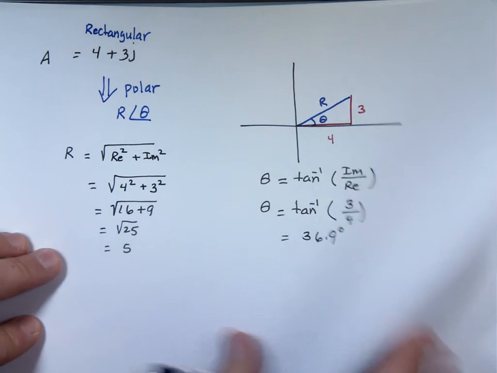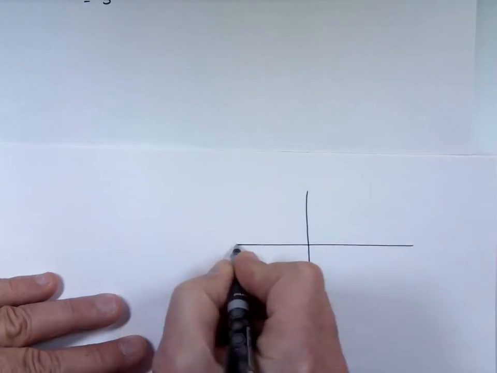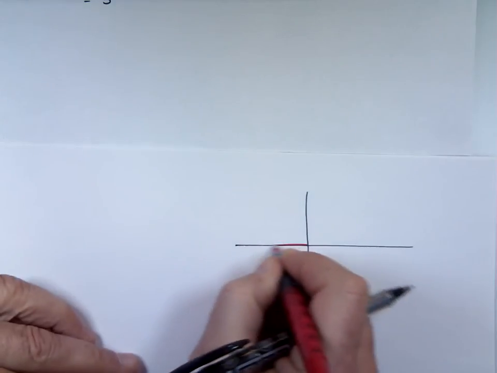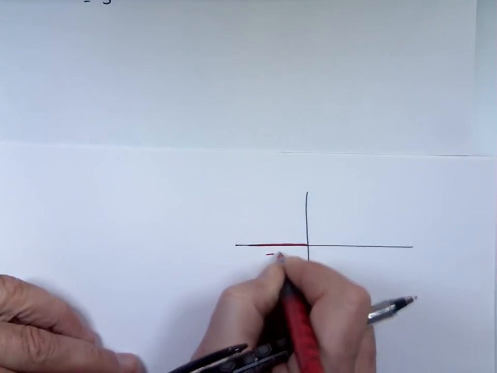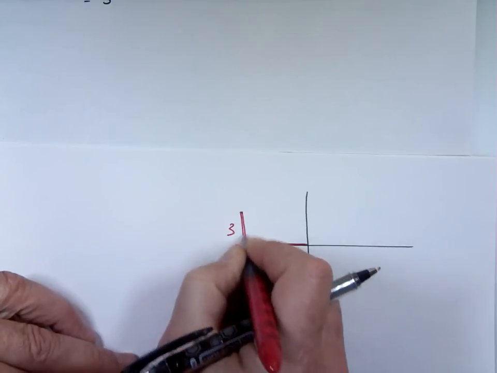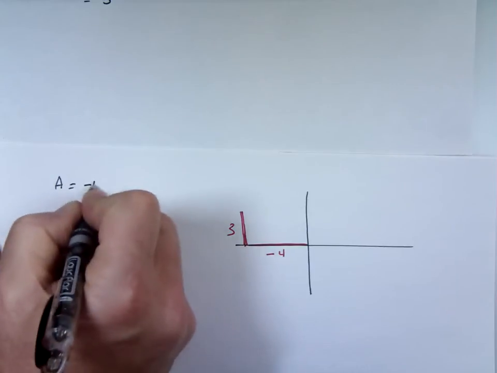But if you weren't using the built-in function, you have to pay attention to it, because if you are, let's say in this quadrant, and you have obviously a negative 4, because x is negative now, and this one is 3. So A equals negative 4 plus 3j.